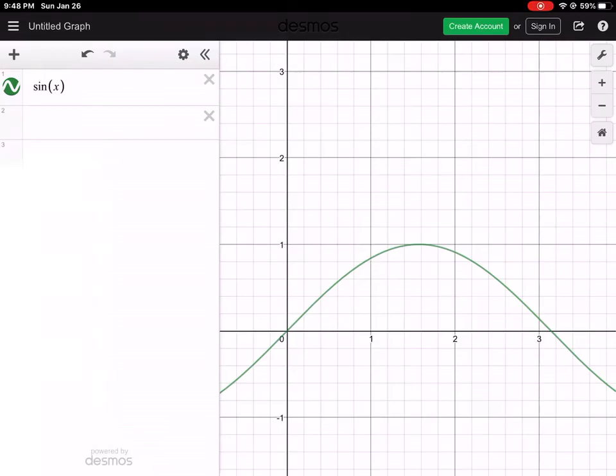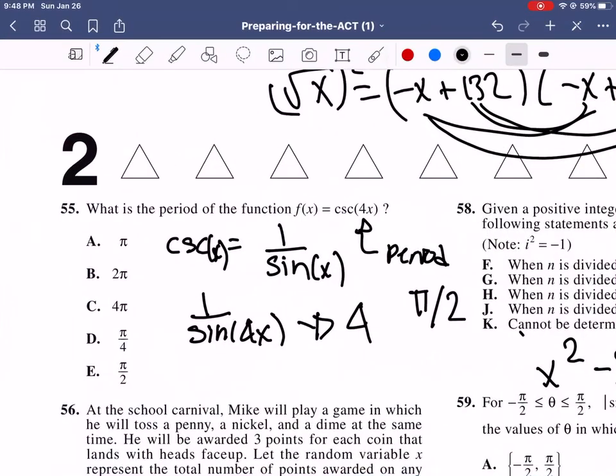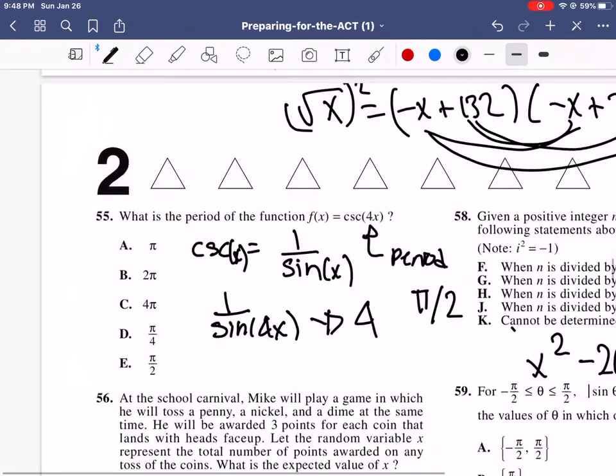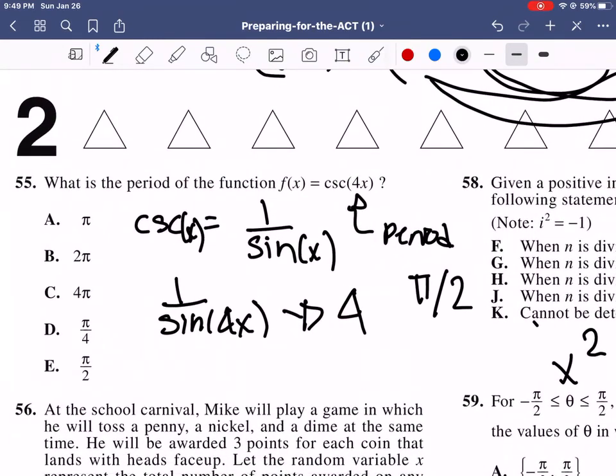What I do is, if pi over 2 is the period, and you multiply by 4, because that's the period, 4 pi over 8.